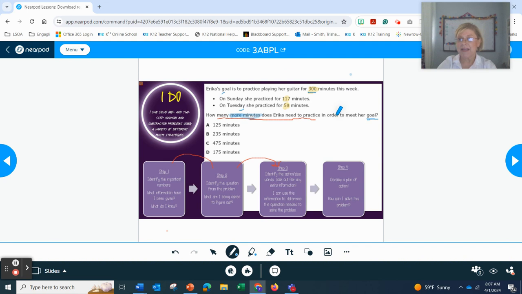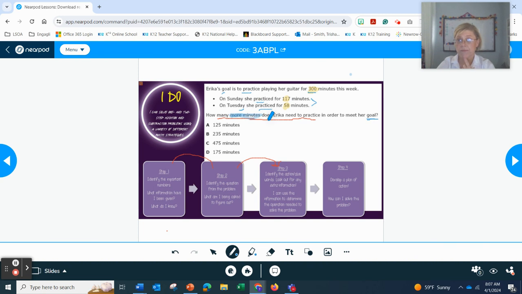So what is she doing to meet her goal? Right here, she's practicing. Underline practice. She's practicing here and practicing here.